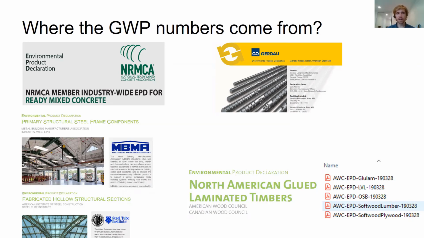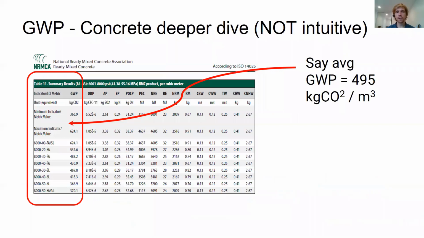I found it really powerful to use in parallel with EC3, which has a much more robust EPD database and can get more granular, say, if I want to look at a concrete mix local to Los Angeles. And why is this important?